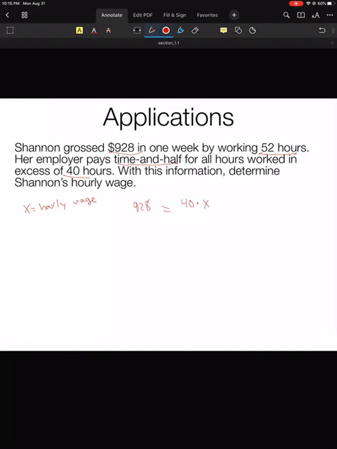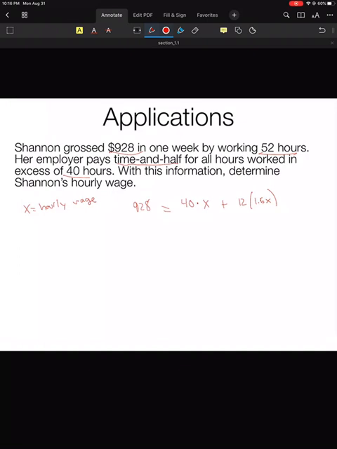So 40 times X. Then she gets paid time and a half, which is 1.5 times your hourly wage, for all hours worked in excess of 40. How many hours in excess of 40 did she work this week? She worked 12. So she worked 12 at 1.5 times X. So there's my equation.